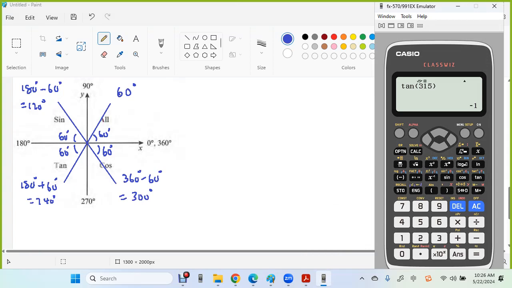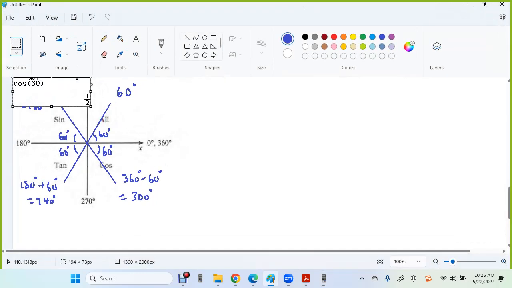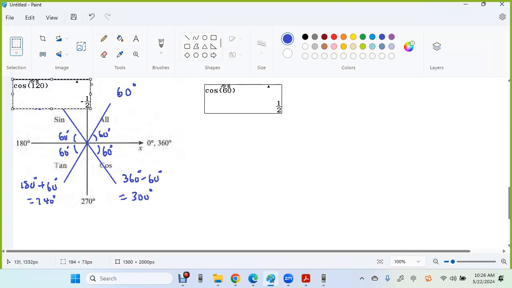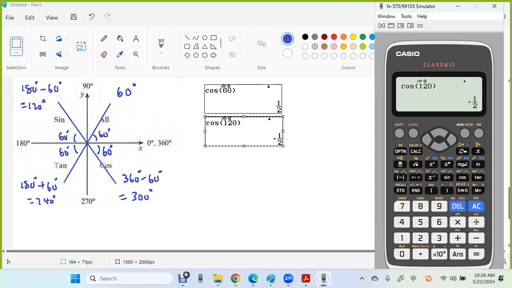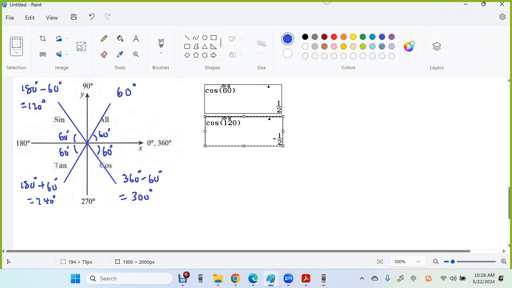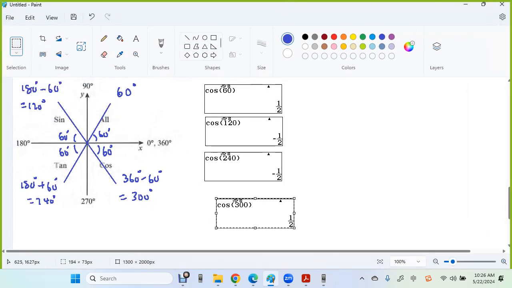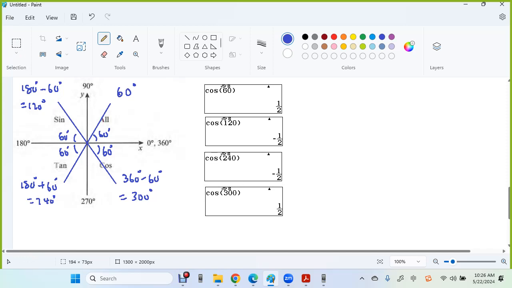So we have cos 60 is half, and then cos 120 will be negative half, and cos 240 is negative half, and cos 300 is half. Okay, so we can see that the first quadrant and the fourth quadrant is cos positive.